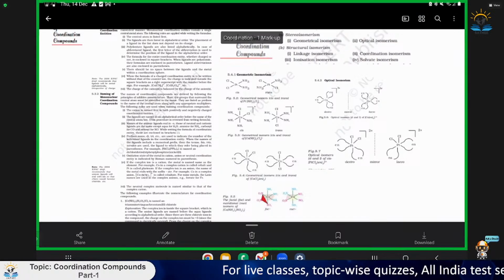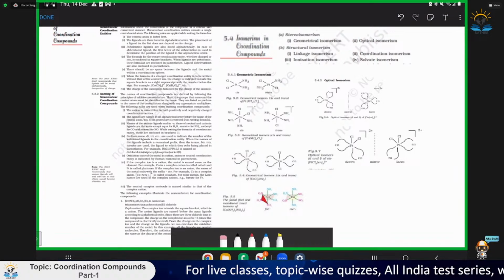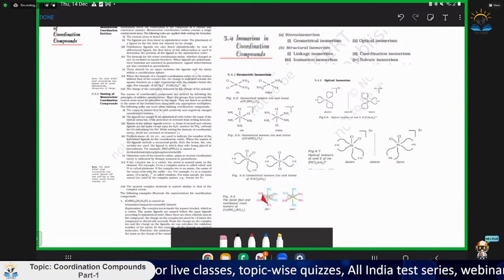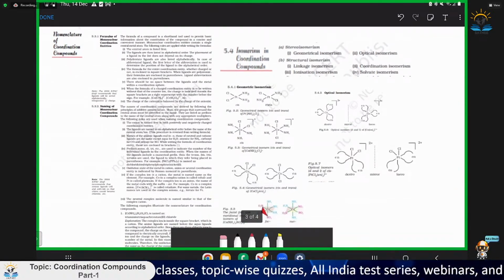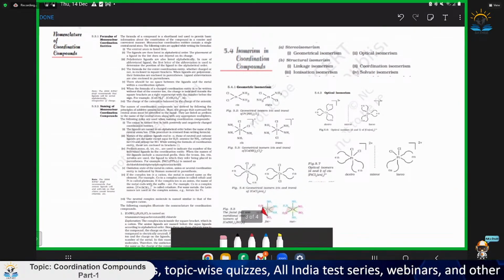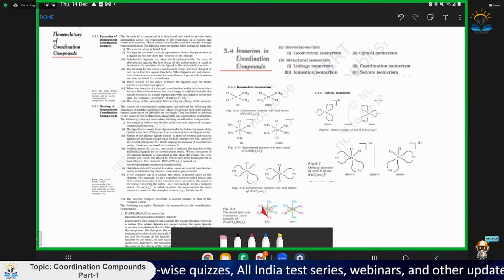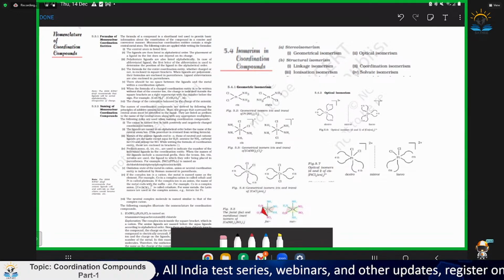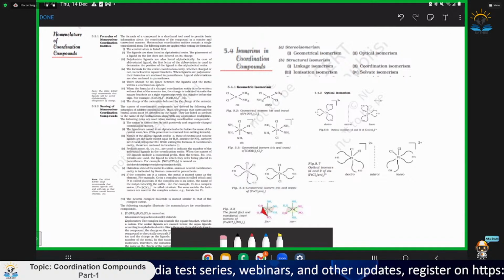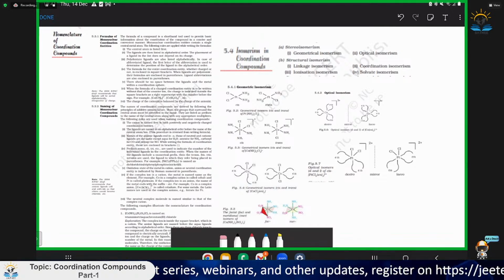Nomenclature. Here in NCERT they gave nomenclature for these formulas and molecular formulas too. That's not too much necessary. What is essentially necessary is the naming of mononuclear coordination compounds.